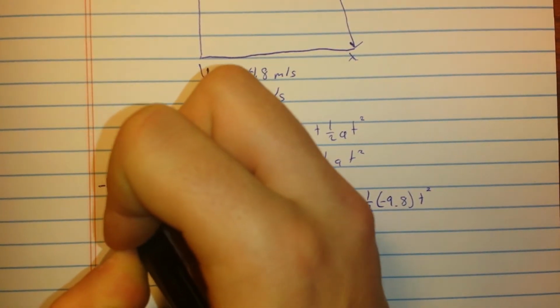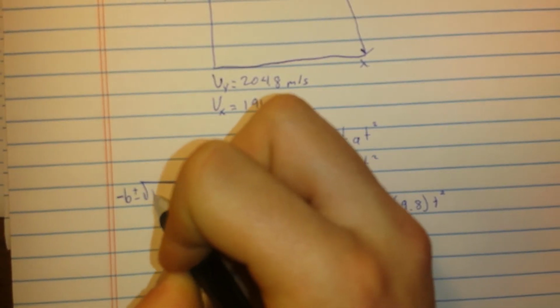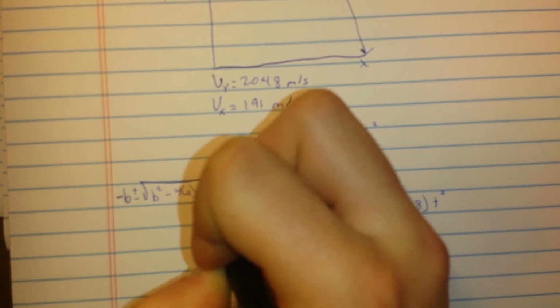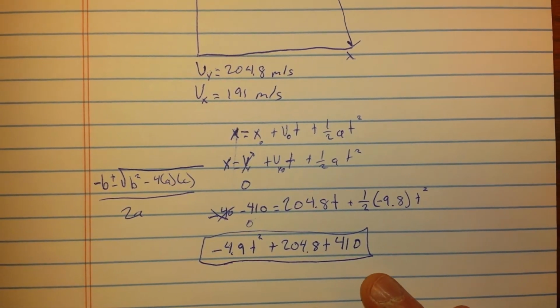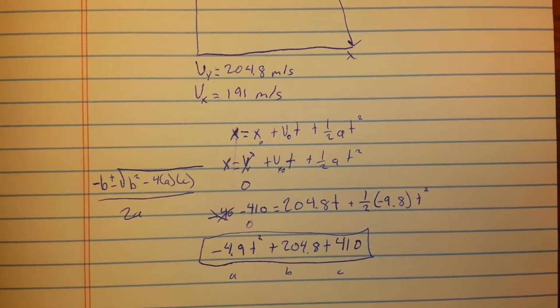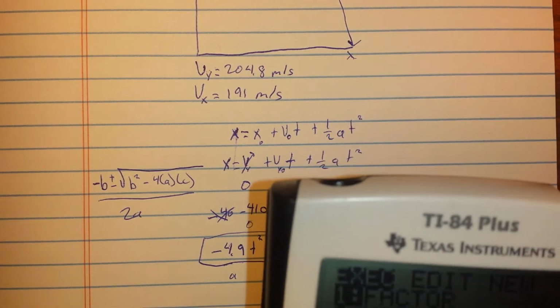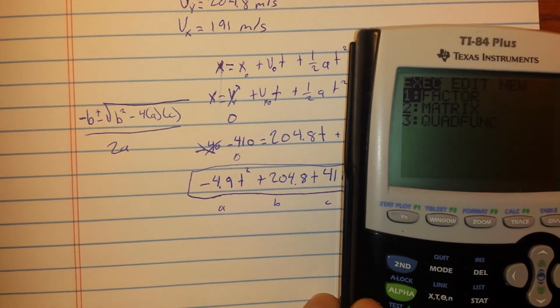For those of you who don't remember, the quadratic formula is negative b plus or minus the square root of b squared minus 4ac, all over 2a. Obviously this is a, this is b, this is c. It takes a little too long to do that by hand, so I'm going to use a program I made on my calculator so it goes a little bit faster.